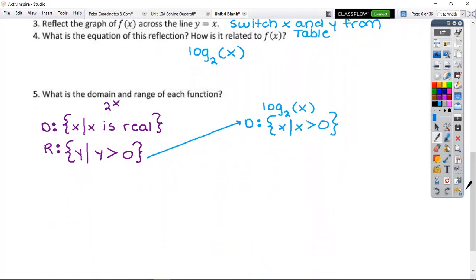Now I'm going to look at the range. What should my range now be? All reals. So they switch. That's it. So my range is going to be y such that y is all reals. Because if you look, don't you have arrows pointing up and down?